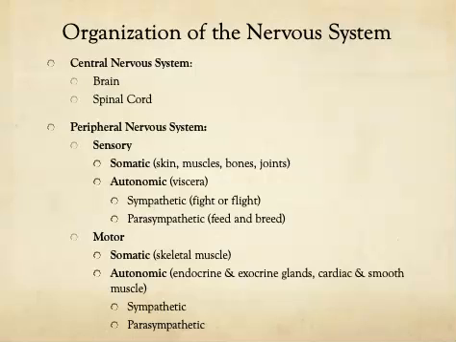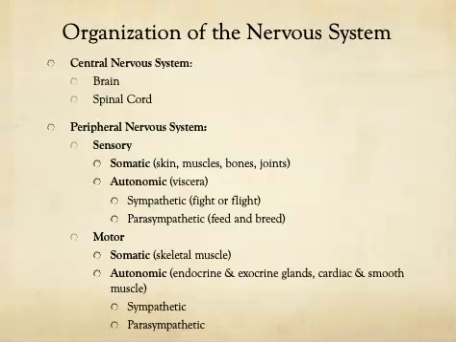So it's the same organization, it just affects different tissue types. The somatic motor nerves tend to impact skeletal muscle. The autonomic motor nerves tend to impact things like glands and cardiac muscle in the heart and smooth muscle throughout the body.